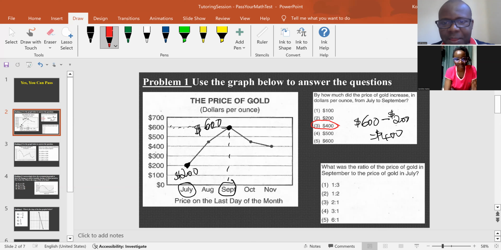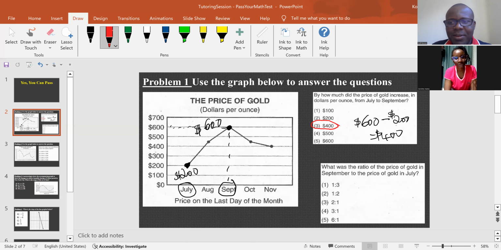Now, look here. They ask, what was the ratio of the price of gold in September to the price of gold in July? So this is a ratio question, a ratio of something to something. Any idea about the ratio?